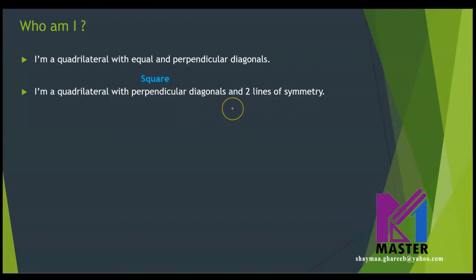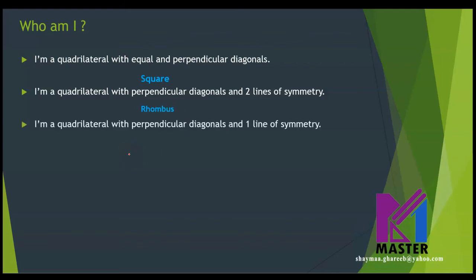Perpendicular diagonals are in the square, the kite, and the rhombus. Which of these quadrilaterals has only 2 lines of symmetry? The kite has 1, the square has 4, but the rhombus has 2. So this sentence describes the rhombus.